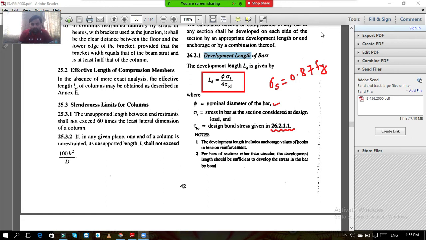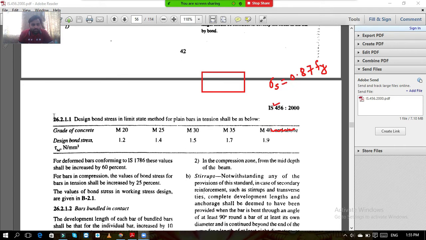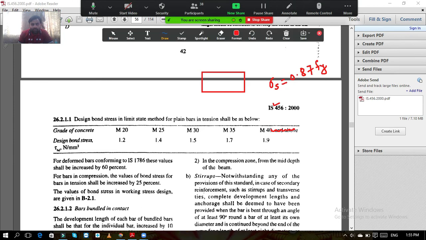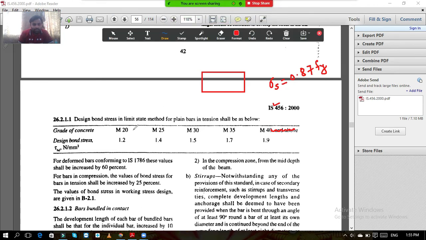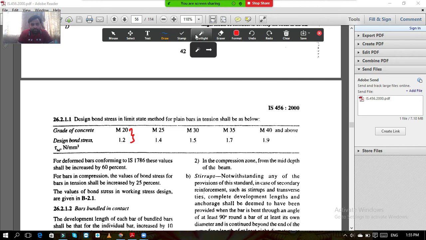Okay, so now here is the table 26.2.1, and in this table, see for M20, it is 1.2. For M20 it is 1.2, and again this is very important information given over here.